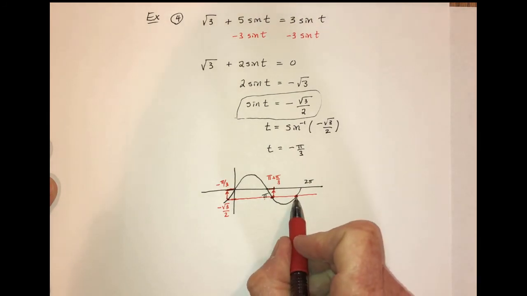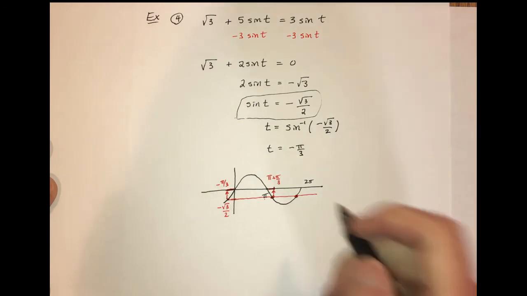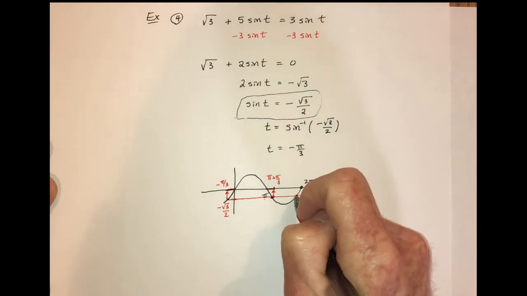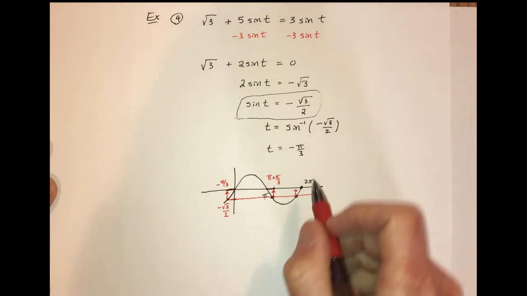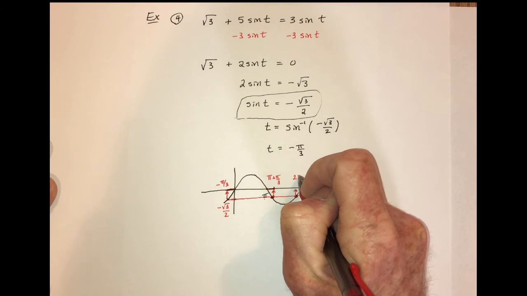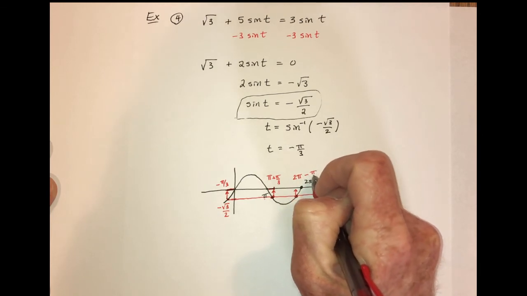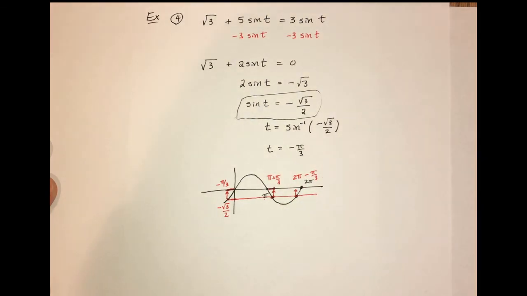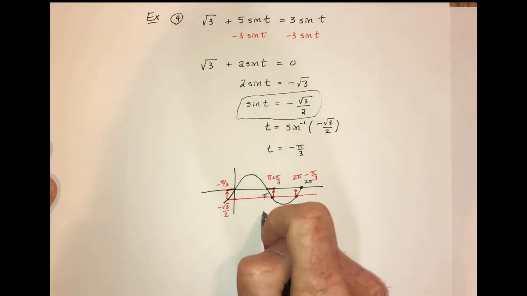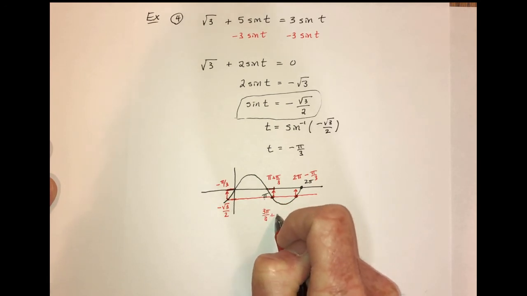And this answer, so right here is the 2 pi, and this answer is to the left of 2 pi, so that means it's going to be 2 pi minus pi over 3. So let's see, this one is going to be 3 pi over 3 plus pi over 3.